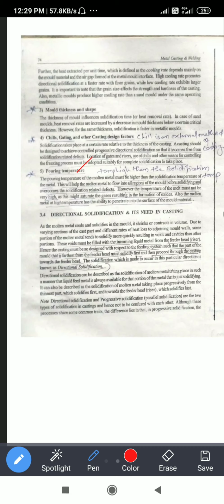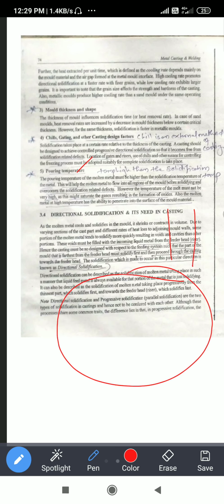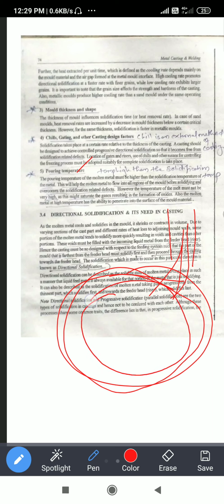So, whatever the casting is, just imagine this is a feeder and this is a cavity where the liquid metal is coming, entering the cavity and supplying continuous liquid metal. The metal near the wall should solidify faster, so that there will be a clearance between the mold cavity wall and the casting.